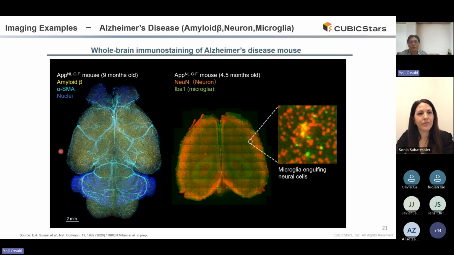It's also dependent on the design of the experiment. For example, in this slide I show the low resolution images with amyloid beta staining. In this case, we used a 1x objective lens, so the resolution is something like 10 micrometer cube voxels. But in this other case, we use a 10x objective. That's why you see the effect of the tiling and stitching, and you can see more detailed cellular morphology inside the images.